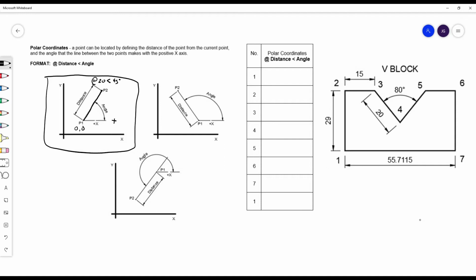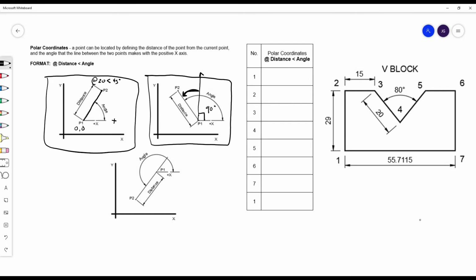For the second figure, always remember that if we want to know the angle, we need to draw a line. We know that this angle here is 90 degrees, and we can find the other angle from our figure.